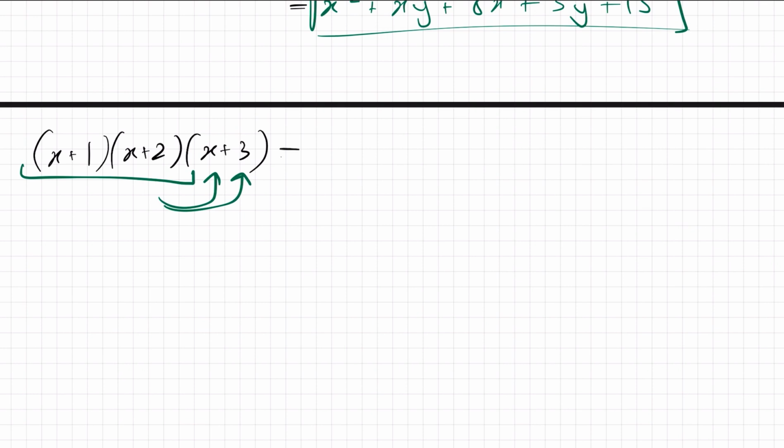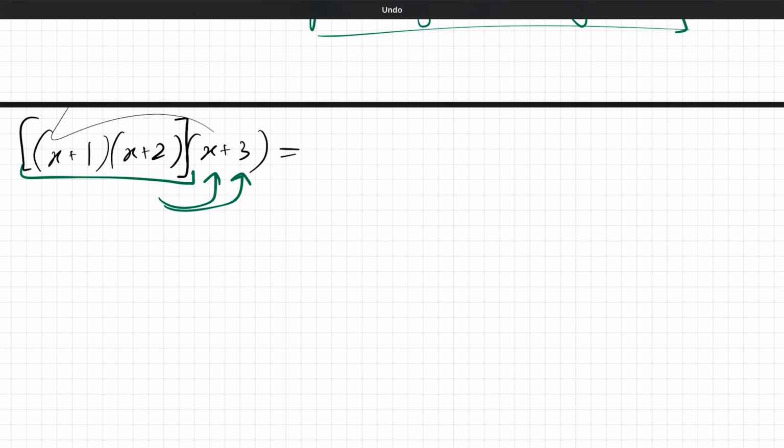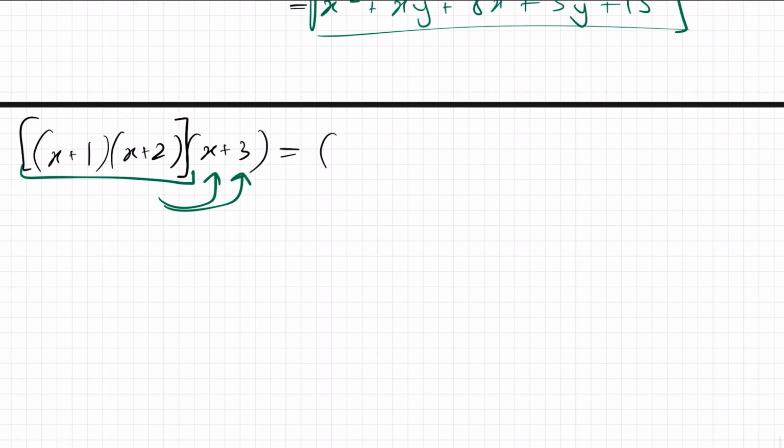Imagine there's a large bracket around these first 2 terms, just so they act as a collective term. Now we'll get x plus 1, x plus 2 multiplied by x, plus x plus 1, x plus 2 multiplied by 3.